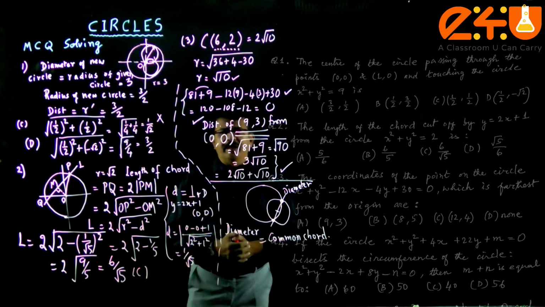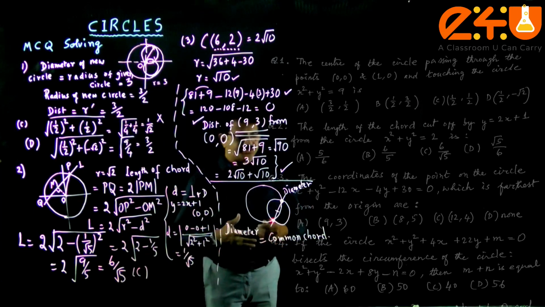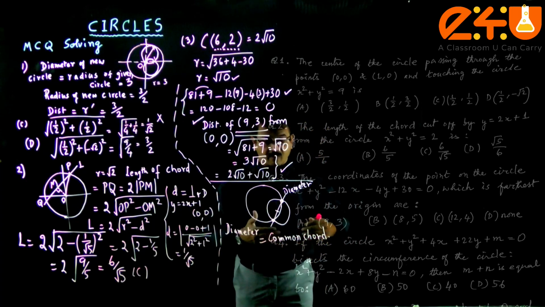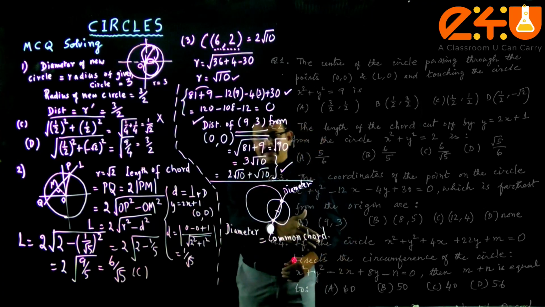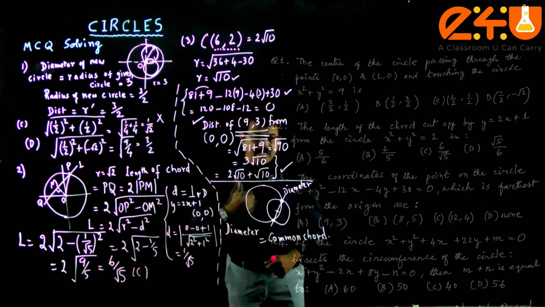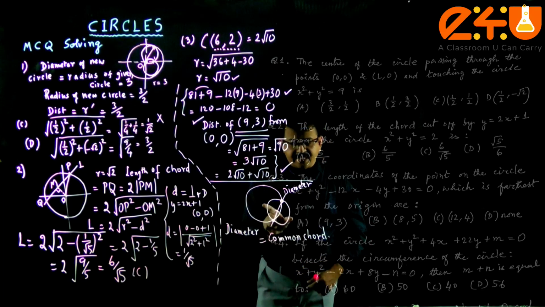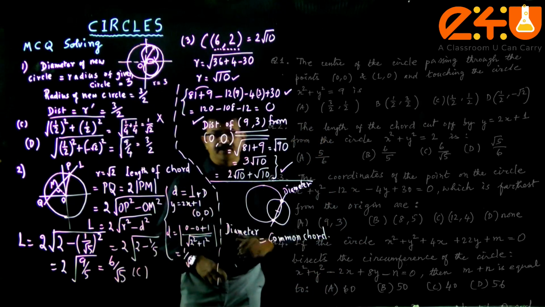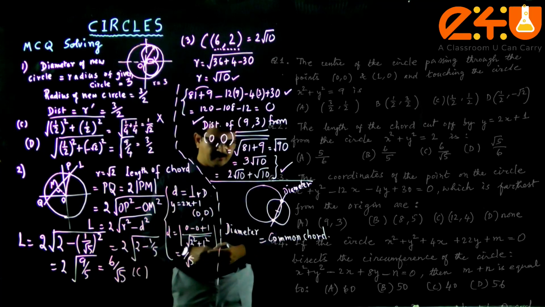So the x term, y term, and the constant terms that remain form the equation of a straight line, and that is the equation of the common chord. And here luckily the common chord coincides with the diameter. So the center of the second circle would satisfy the common chord. That becomes the deciding factor and you would get the value of m plus n.